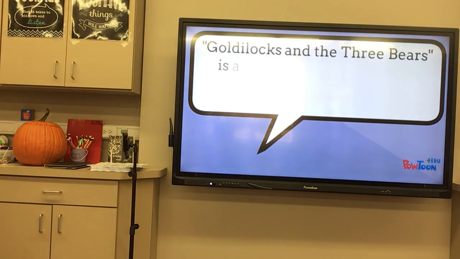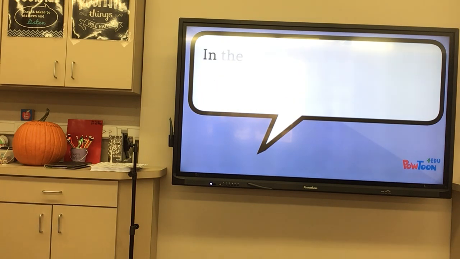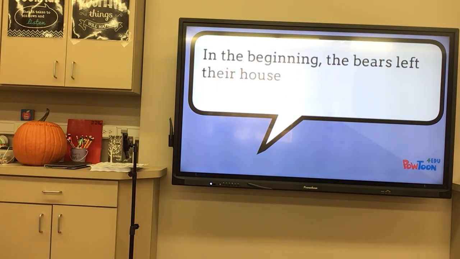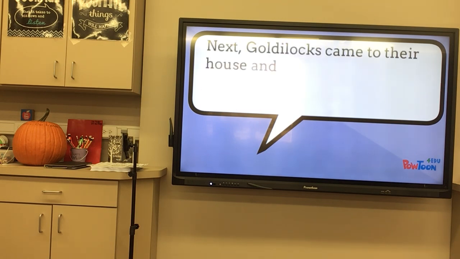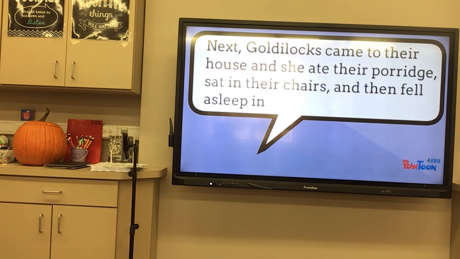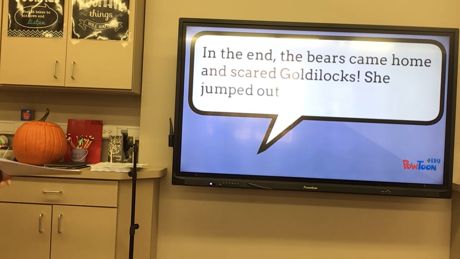Goldilocks and the Three Bears is a story about a girl named Goldilocks who goes for a walk in the forest. In the beginning, the bears left their house to go for a walk while their porridge cooled. Next, Goldilocks came to their house and she ate their porridge, sat in their chairs, and then fell asleep in one of their beds. In the end, the bears came home and scared Goldilocks.